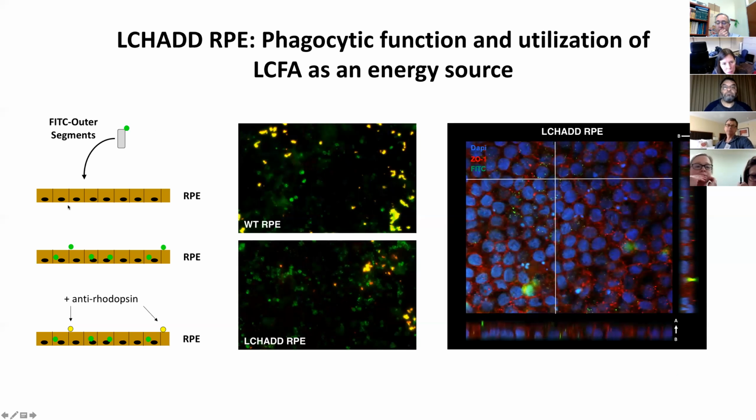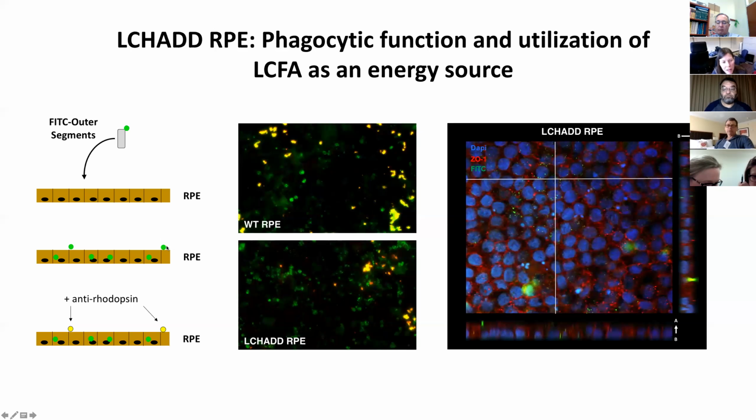In this experiment, they're fed to RPE for 3 hours, and then we fix the cells and analyze them. What we find is that the RPE over that course of time will take up some FITC labeled outer segments, and some will remain on the surface.